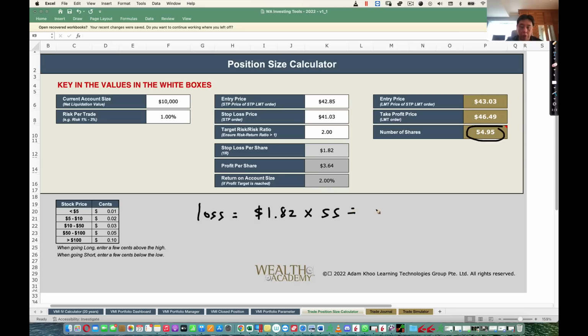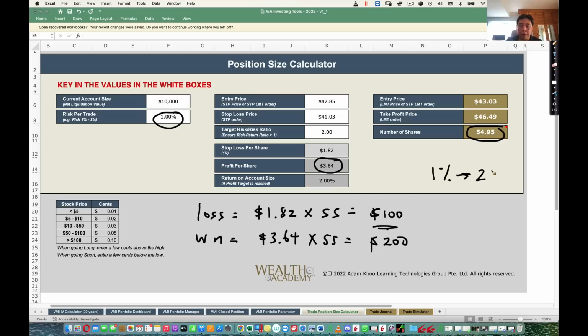Your loss is $100.10. Okay. Now, if it's a winning trade, you win $3.64 per share times 55 shares. You win $200. Okay, so again, $100 represents 1% of your capital. So again, you're risking 1% to make 2%.